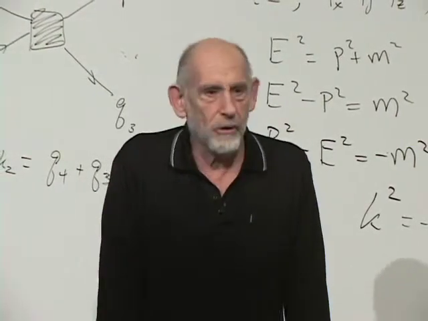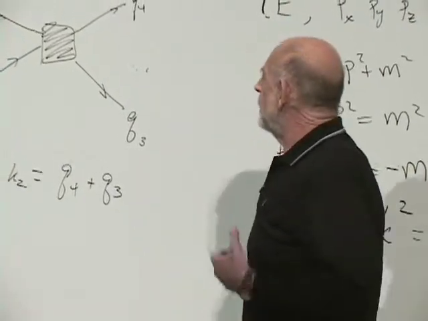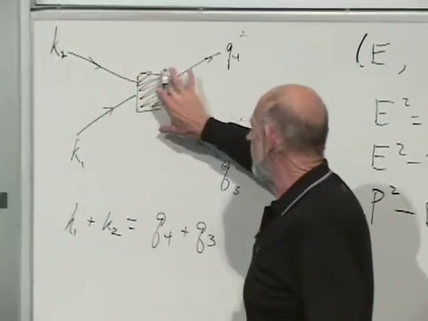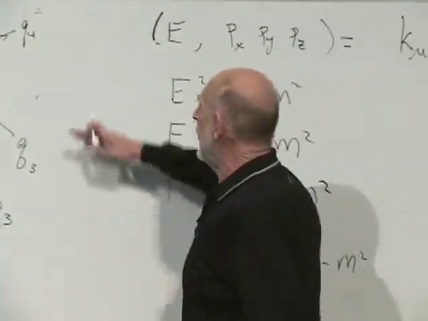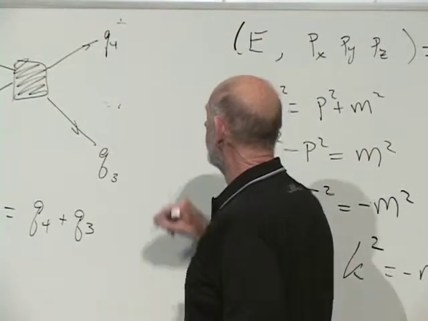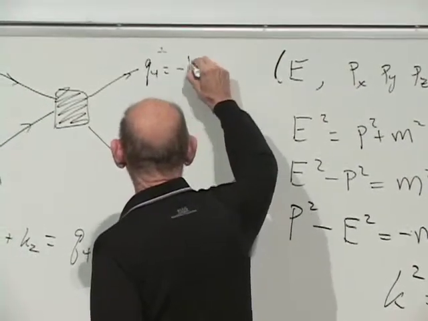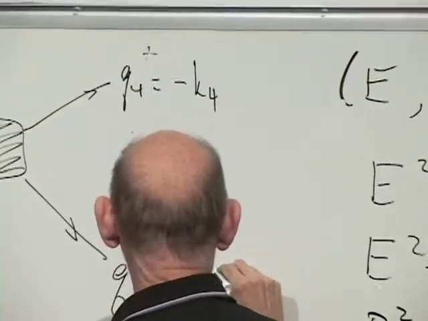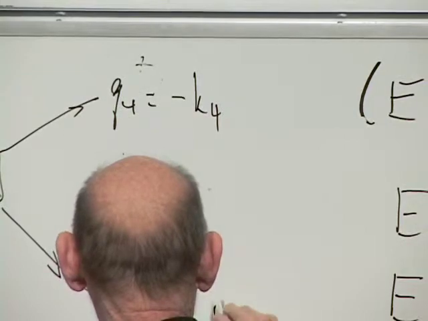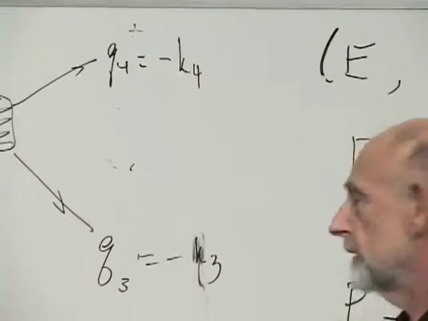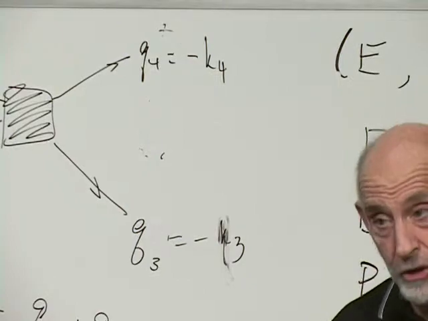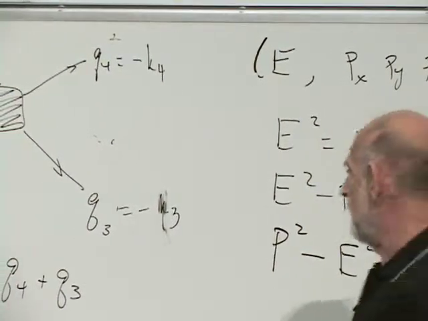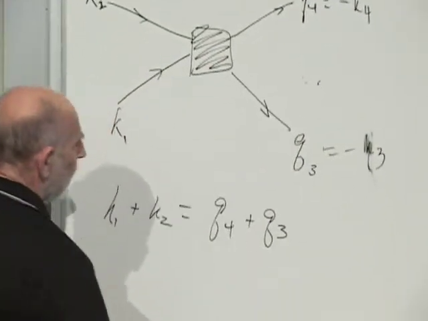The outgoing momentum are outgoing, the incoming momentum are incoming, but all we really have to do to make it symmetric with respect to incoming and outgoing momentum is take each q, q4, change its sign and call it minus k3. That means changing the sign of its energy, means changing the sign of all of its momentum. It's a trick to be able to write this in a symmetric form.